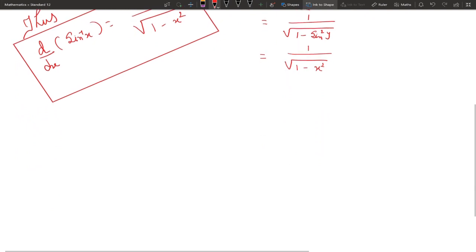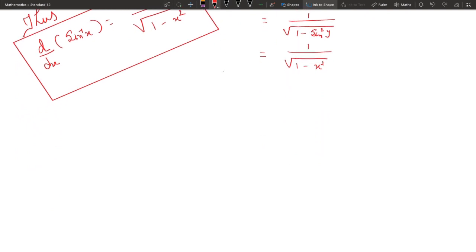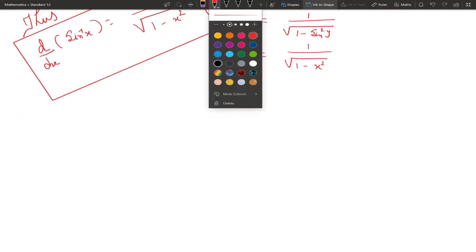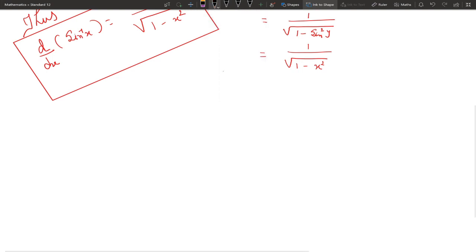Similarly, for the second result, note that, for example, prove that d by dx of tan inverse x, here mod x less than 1, is 1 upon 1 plus x square.